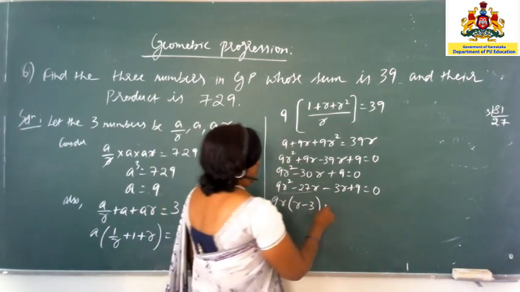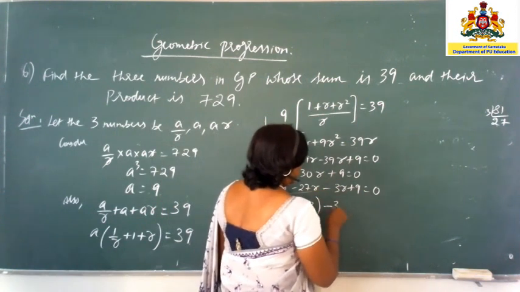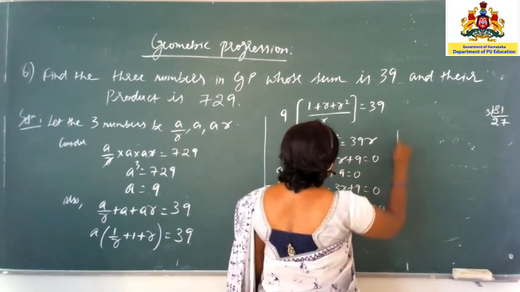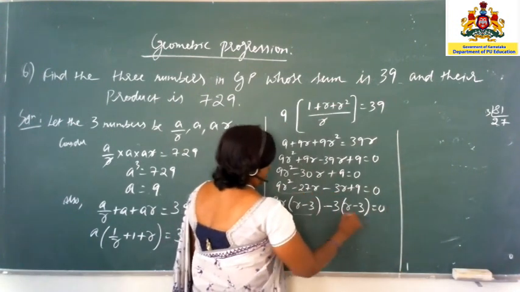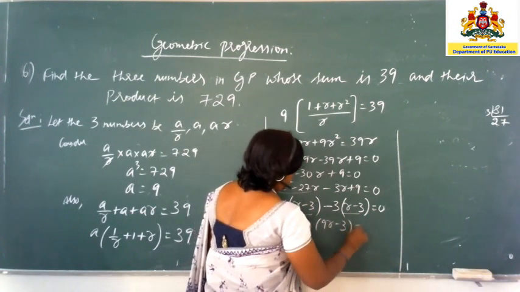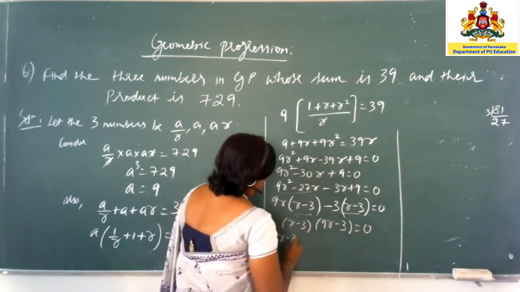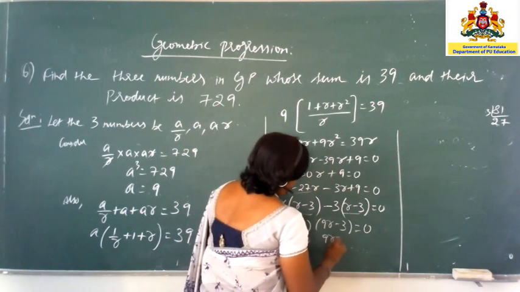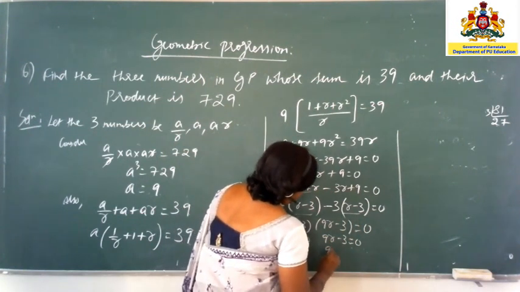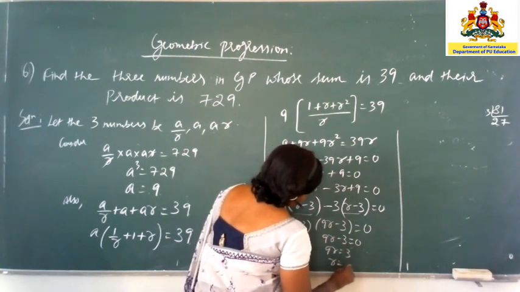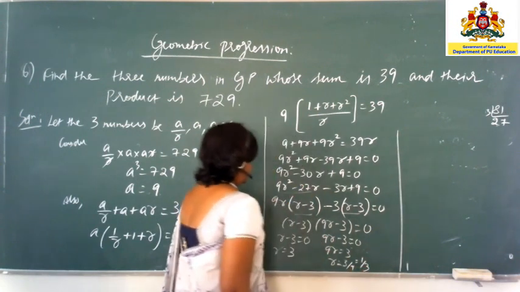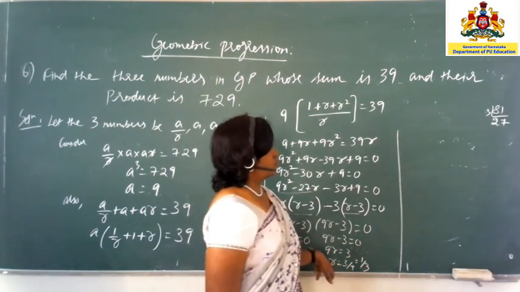Minus here again 3 I can take out, R minus 3 is equal to 0. So R minus 3 into 9R minus 3 is equal to 0. So R minus 3 is equal to 0, 9R minus 3 is equal to 0. R is equal to 3 and 9R is equal to 3. So R is equal to 3 by 9, that is equal to 1 by 3. So R is equal to 3 or 1 by 3.